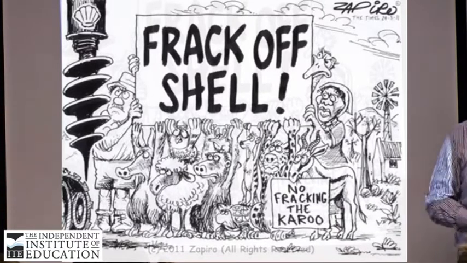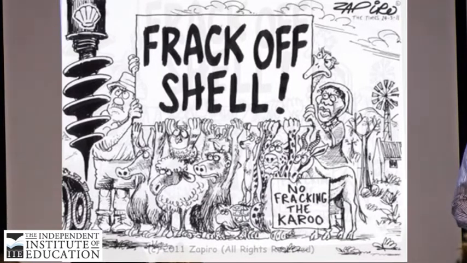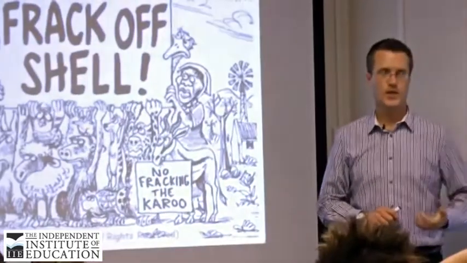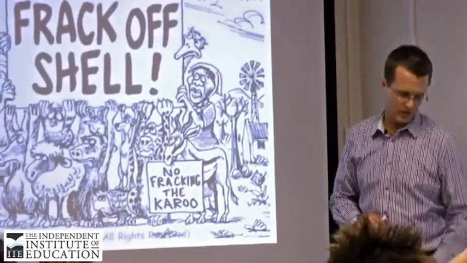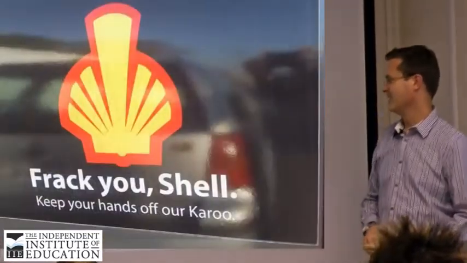Land belongs to people. Do they not have to get rights to, just... Yes, but there's a lot of money in it for those people when they can take that gas out. Just one last one, frack your Shell.